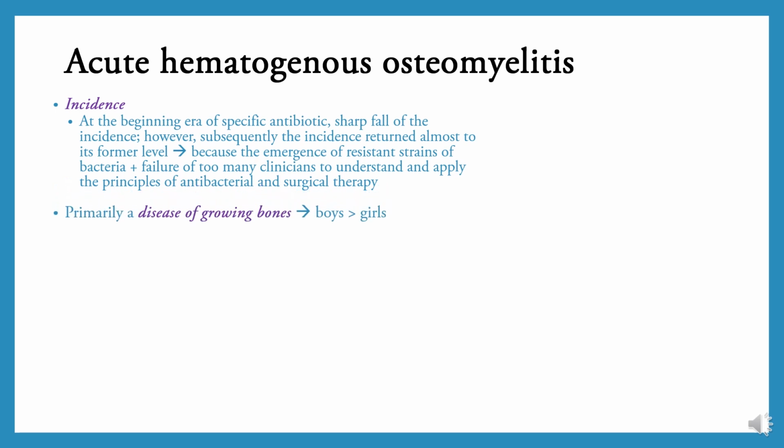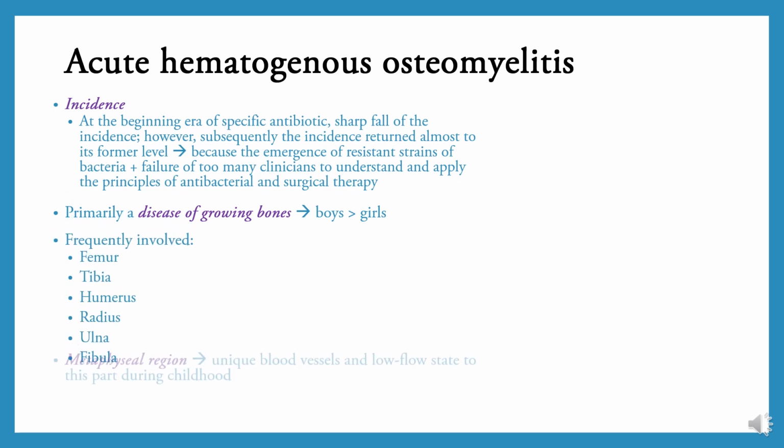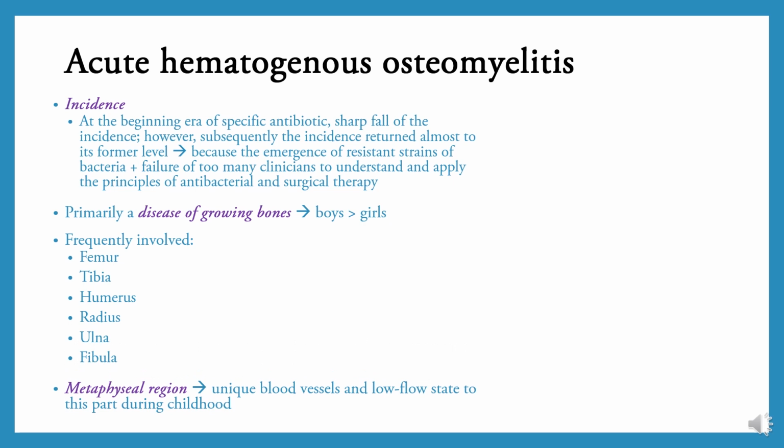Primarily, it is a disease of growing bones, with boys in much higher incidence than girls. Frequently involve femur, tibia, humerus, radius, ulna, and fibula. It could also involve the metaphyseal region.